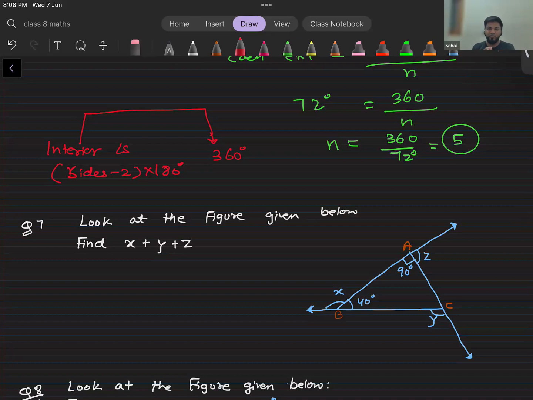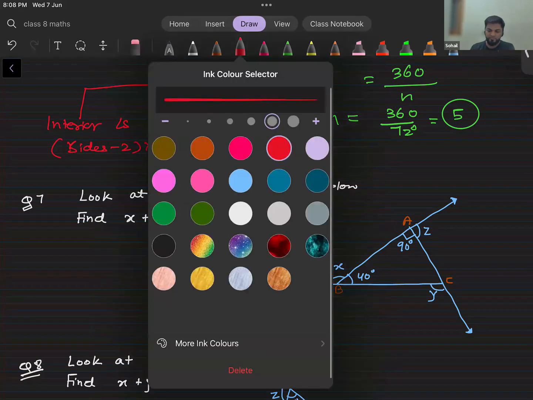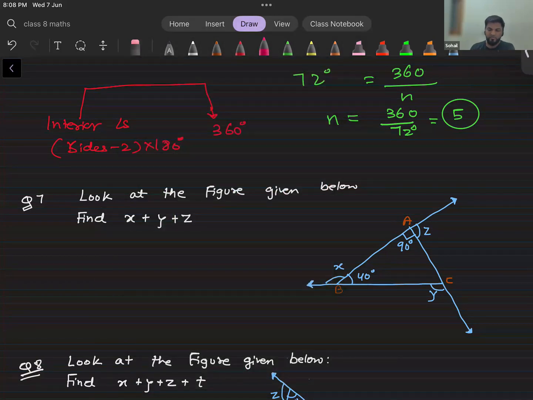Now I hope you guys got what I'm saying. Look in the figure here. How many exterior angles are mentioned here? There are 3 exterior angles here: x, z, and y, right?